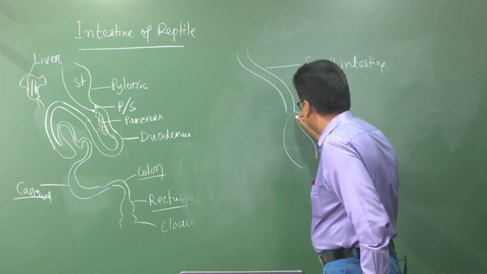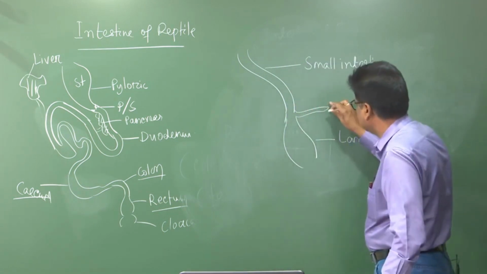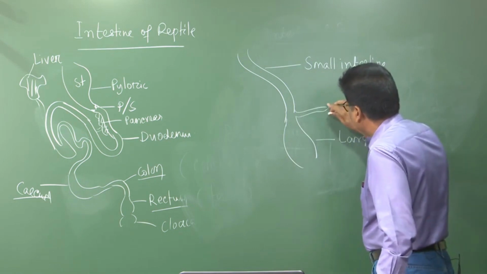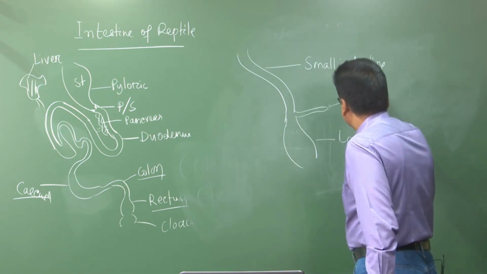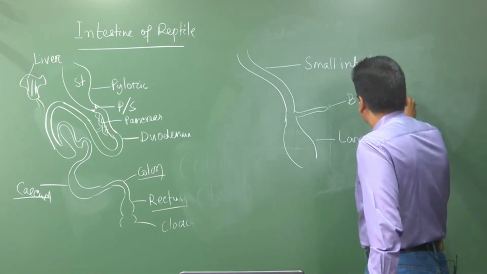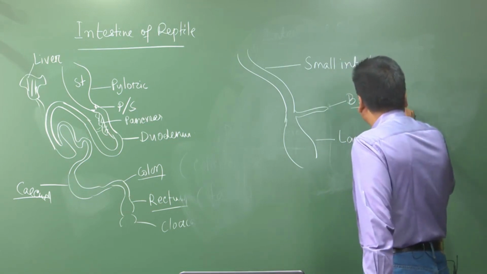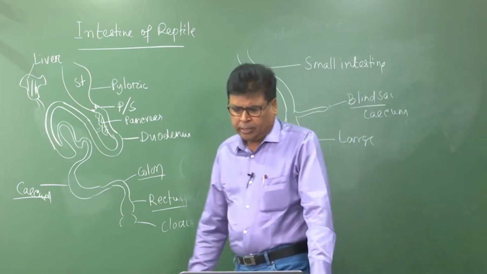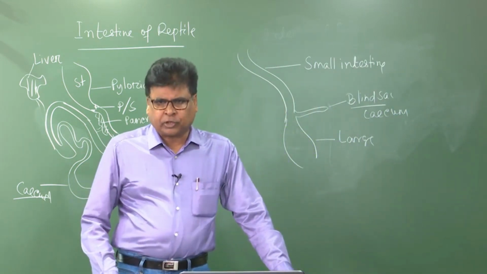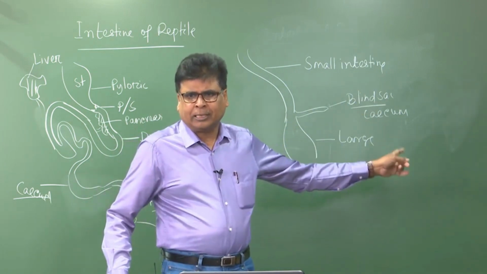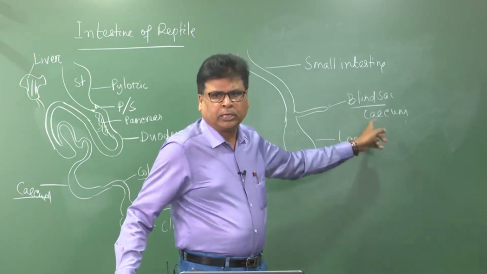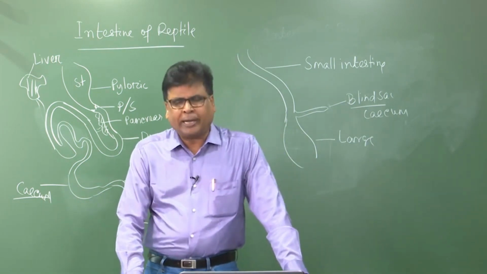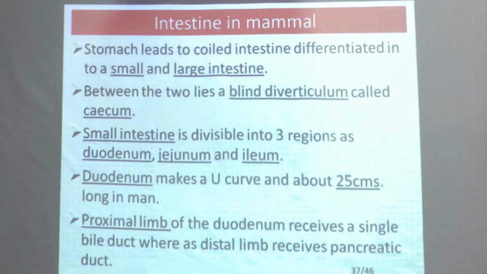Presence of a blind sac means this bag is not opening to the outside, and this blind sac is known as the cecum. It is also known as a blind diverticulum. So the cecum demarcates the junction of the small intestine and large intestine.